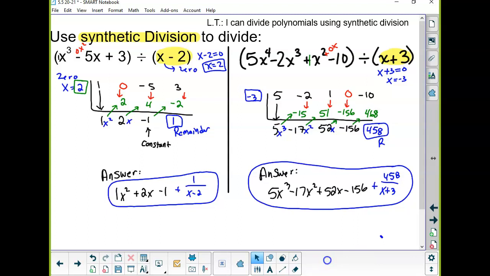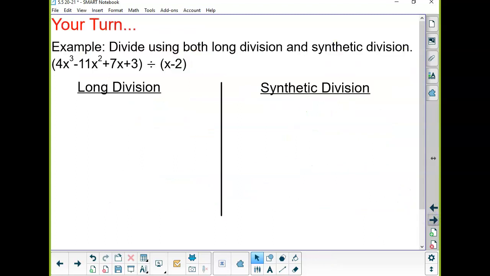Now, look at how many different terms we have. 1, 2, 3, 4. The benefit to doing synthetic division is it's faster than long division, right? If I did this with long division, I'd have to do 4 different levels of long division. That might take up your entire paper. So that's one of the reasons why synthetic division exists.